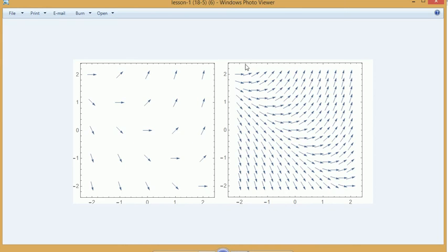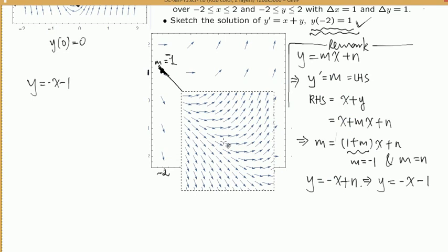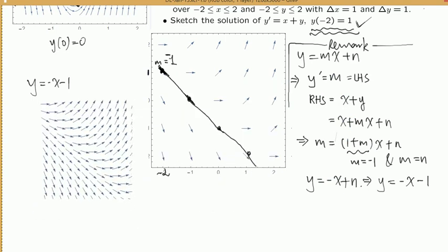Here is a better picture to fit in. This is a more refined direction field, and there is, I think, the line there, y equals negative x minus 1. Any questions about direction fields in general?